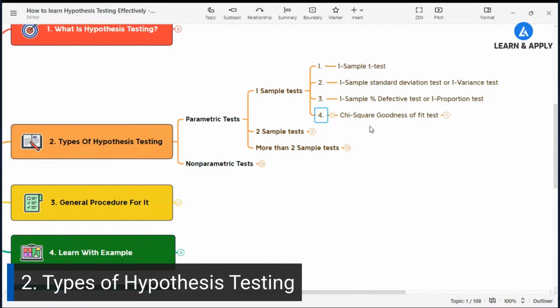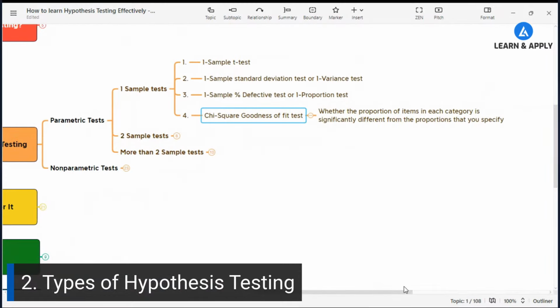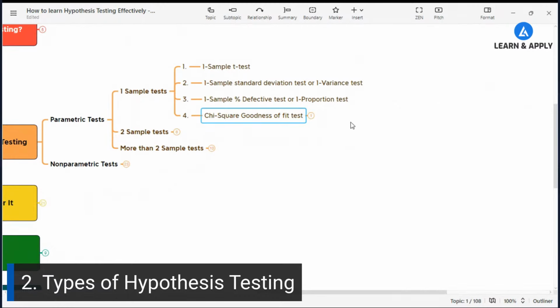Or we can also use the chi-square goodness of fit test. This chi-square goodness of fit test is used when we have many proportions in different categories. So we can see here, depending on the metric that we are going to compare, under one sample test, again, we have multiple types, right?